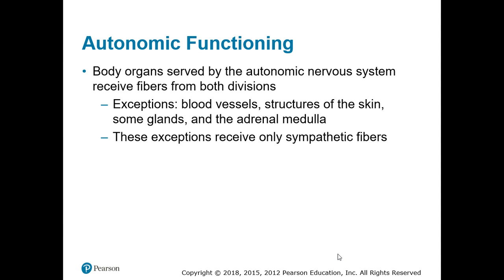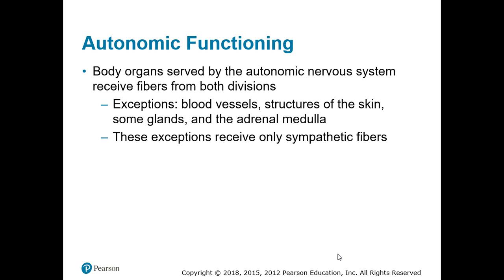We talked about the anatomy of those two divisions in the last lesson, but let's talk about the function in this lesson. So, body organs served by our ANS receive fibers from both divisions. There are a few exceptions.